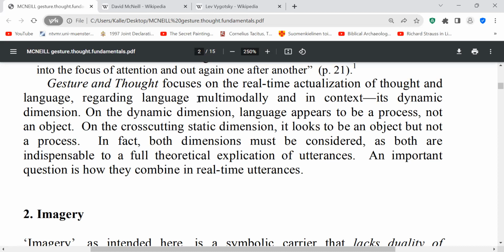On the dynamic dimension, language appears to be a process, not an object.